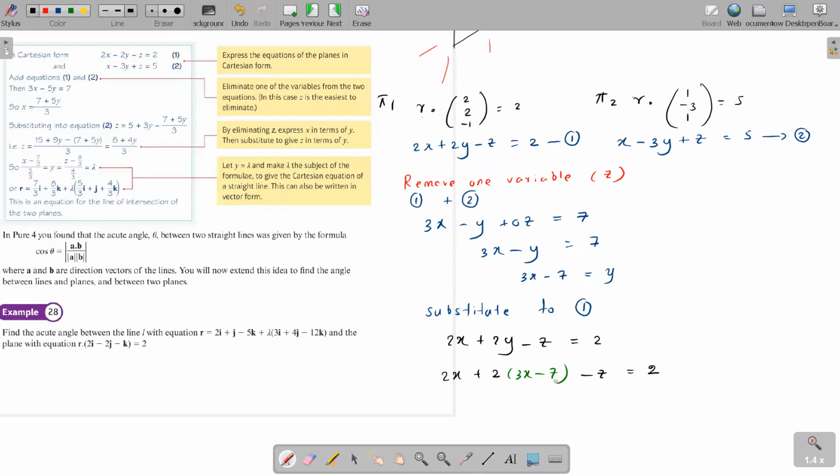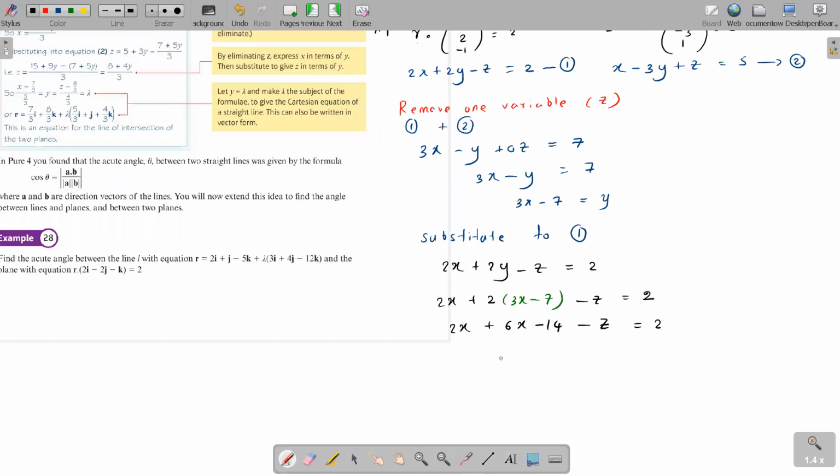I'm correct, right? 3x minus 7, okay? So I end up getting here 2x plus 2 times 3, 6x, 2 times 7, 14, minus z equal to 2. Is that okay? Can you all simplify this? Yes, teacher. 8x minus z equals minus 14. I take it to the other side. 2 plus 14 is 16. Agree?